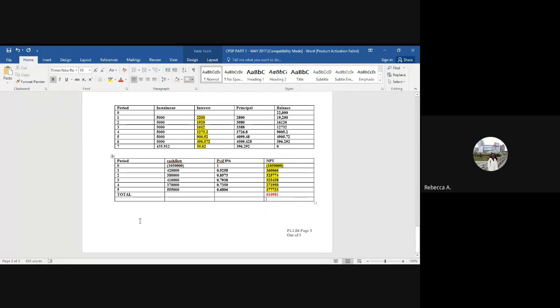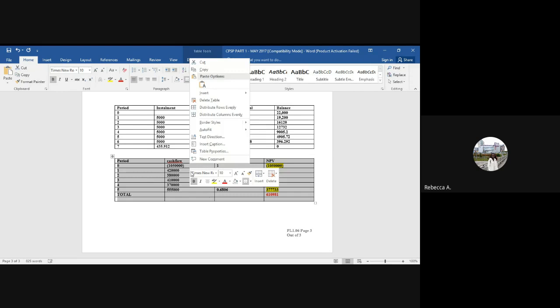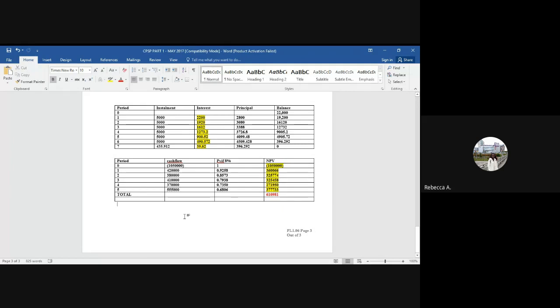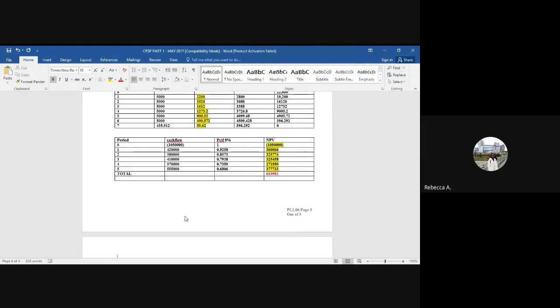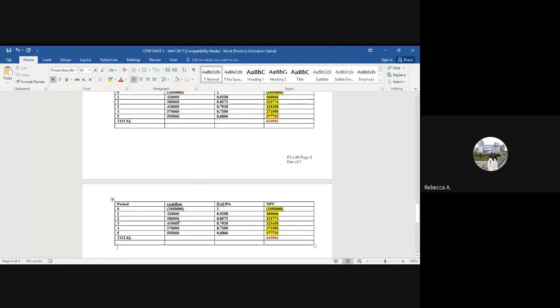Now, we want to do for the second period, second project. So let me just copy this table and paste it here. So now, Rebecca, your gadget is unmuted and there's a background noise.